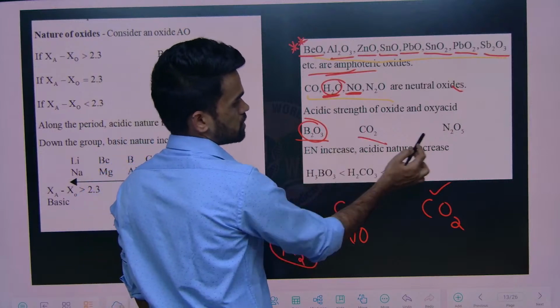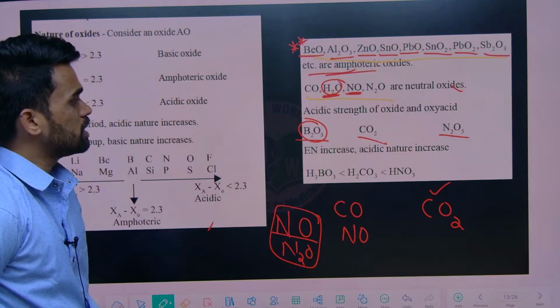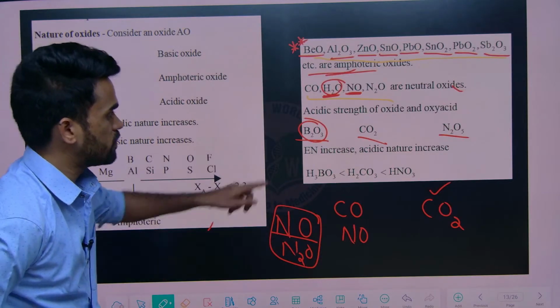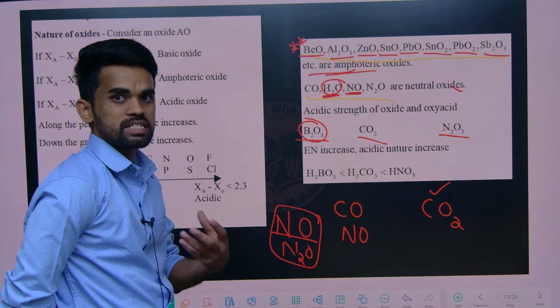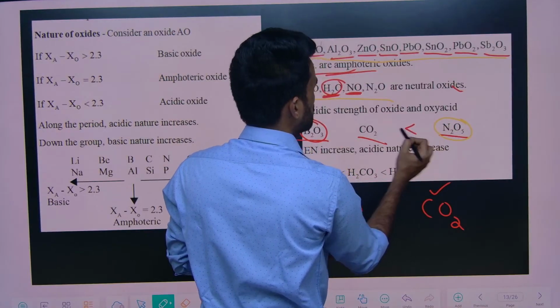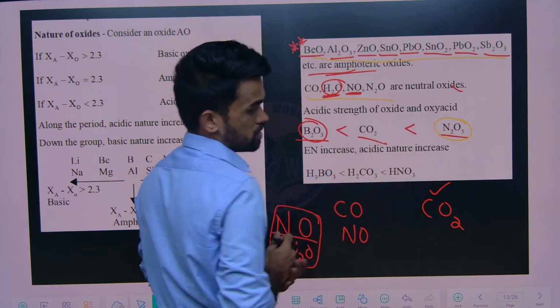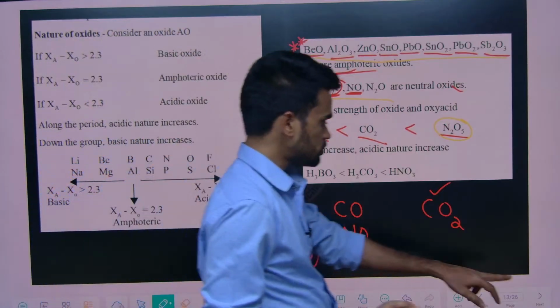Carbon dioxide, N2O5, nitrogen pentoxide is there. Now out of these, which is stronger acidic? All of them are acidic oxides only, but the more acidic one is the element with more number of oxygen atoms attached. That's it.